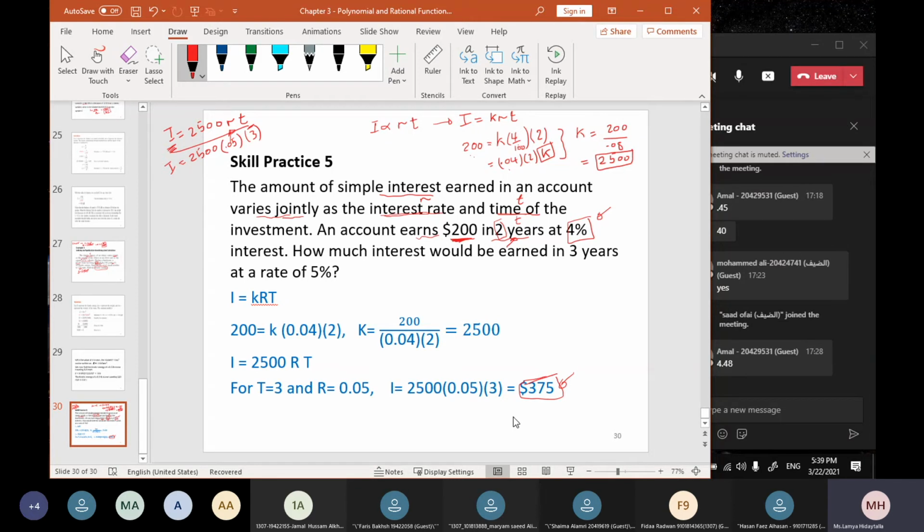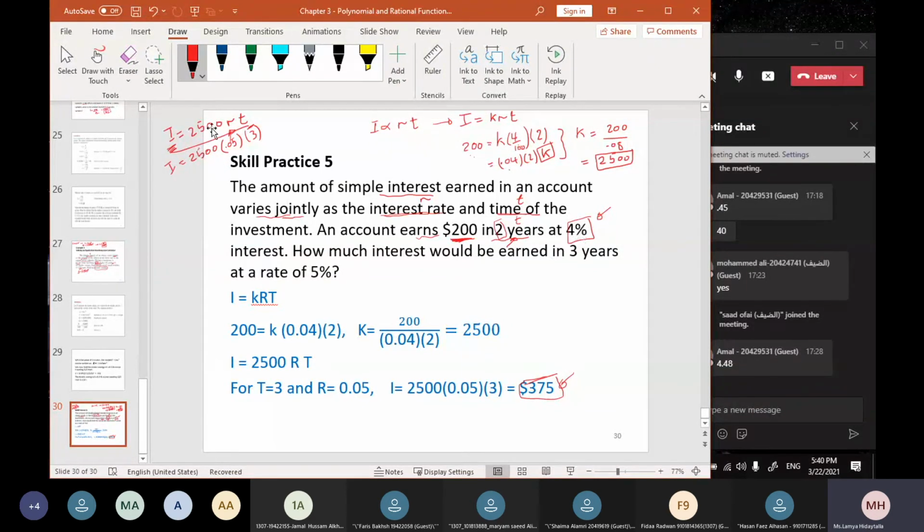Let me tell you one thing now. For instance in this example, what is this 2,500? Yes, it is a constant. But what is that constant? It is the initial amount you're going to put in the bank for the 2 years, and the bank gave me an interest rate of 4%.